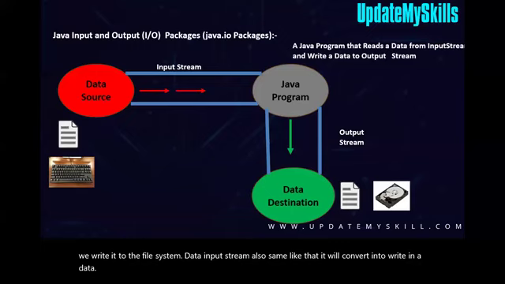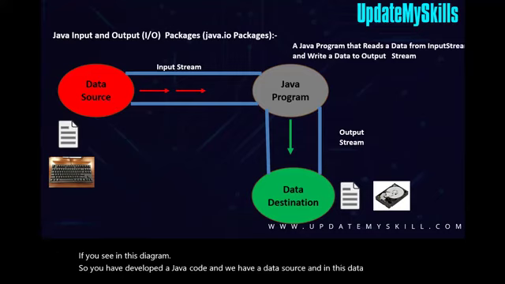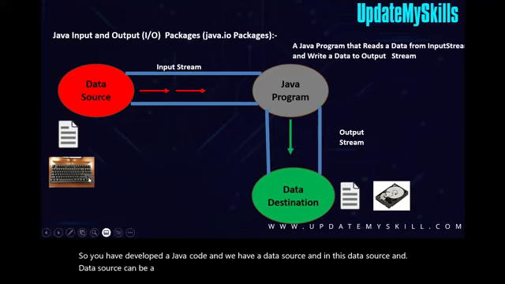If you see this diagram, you have developed a Java code and we have a data source. The data source can be a file or it can be a keyboard.